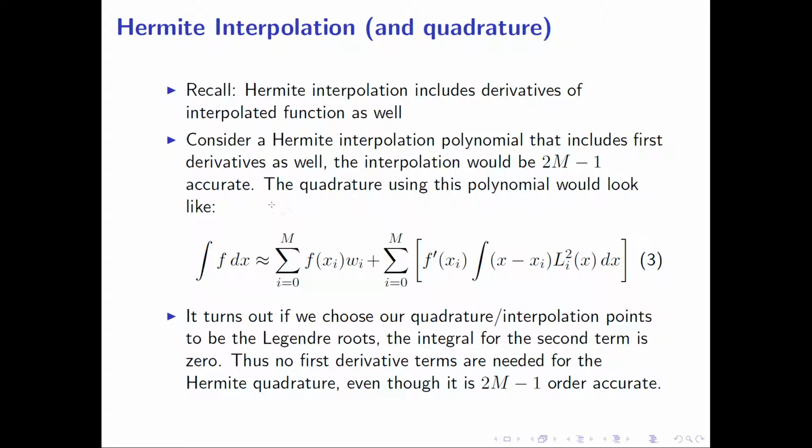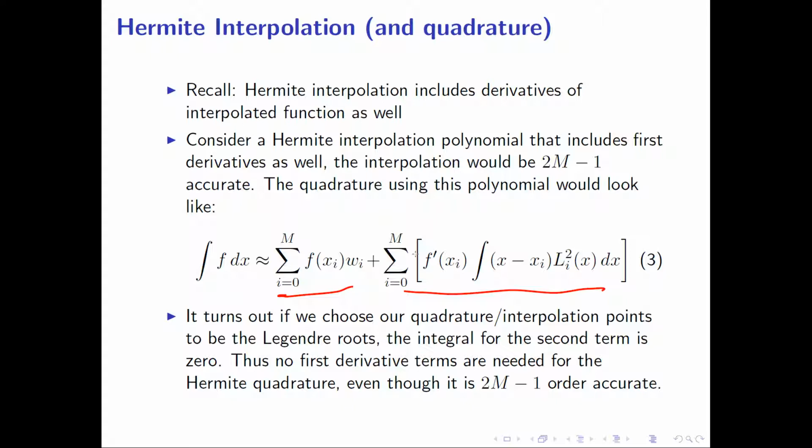If we then in turn attempt to generate a quadrature from this, so in other words, integrate our interpolation, then we find it takes on the form of essentially the underlying Gauss-Legendre quadrature plus some extra stuff that handles the interpolation from being able to use the first derivatives of our function.